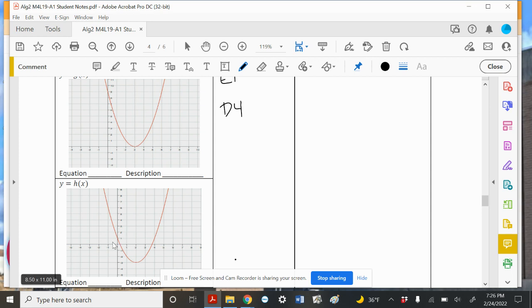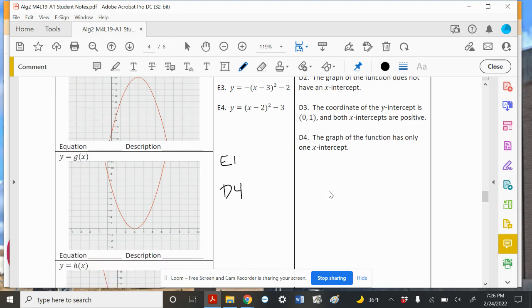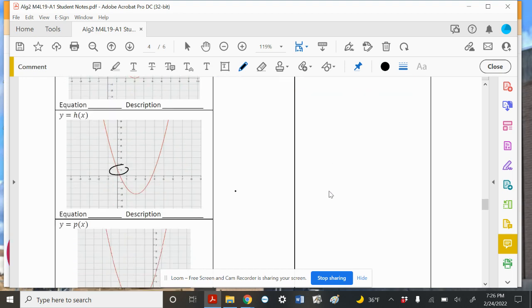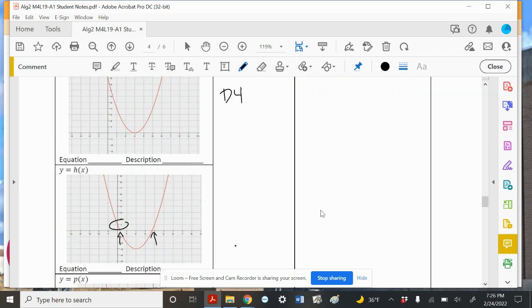There it is, the y-intercept is 0, 1 right there, so it crosses the y-axis at that point. And both x-intercepts are positive. Notice it crosses right here and right here, so it looks like that's the one. That would be D3.